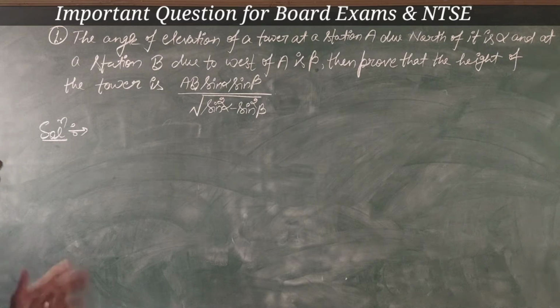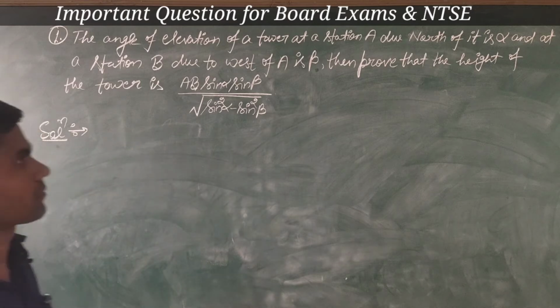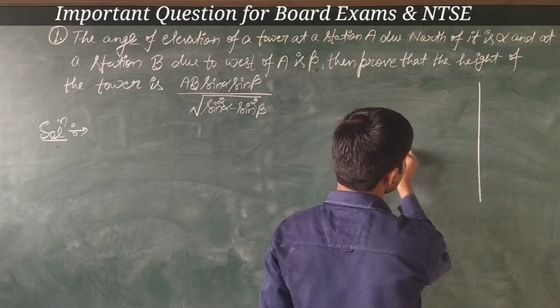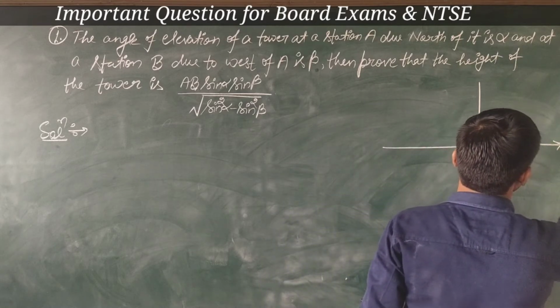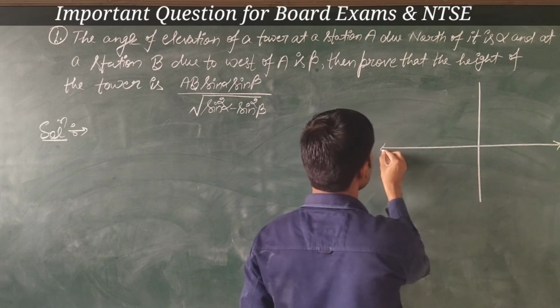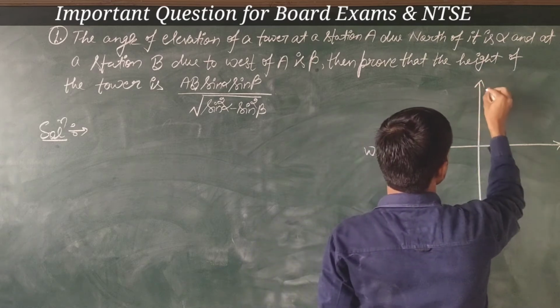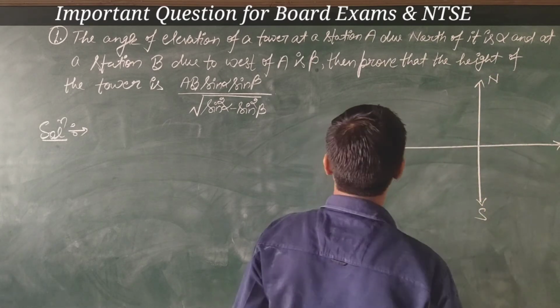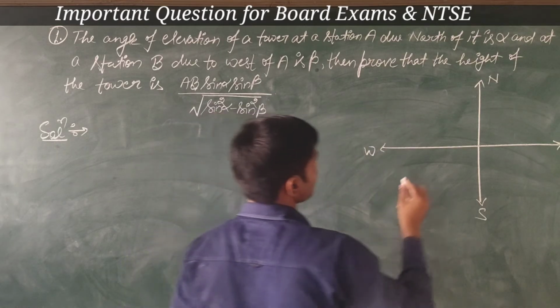So for better understanding we will draw the diagram of this given information. Here we draw east, west, north, south. There is a station in the direction of north.